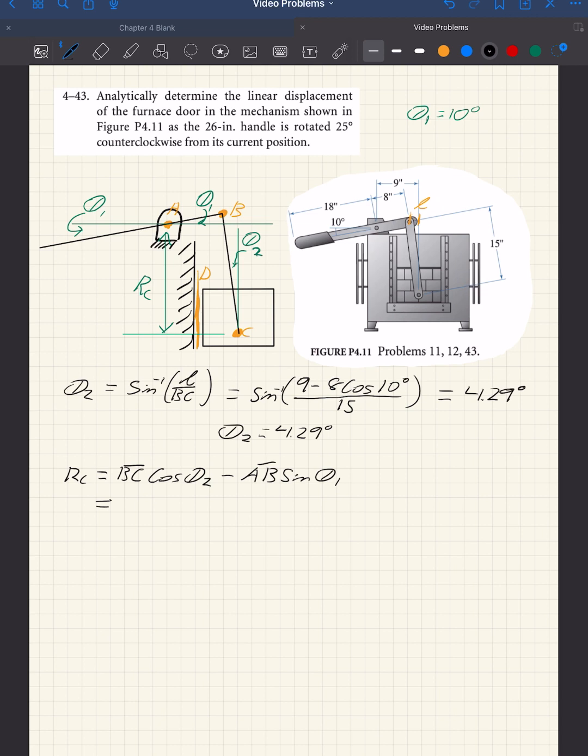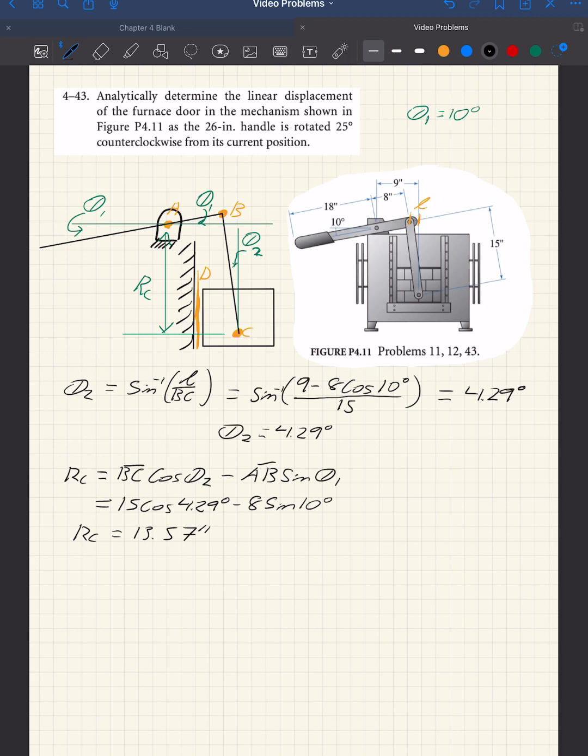And this gives us 15 cosine 4.29 degrees minus AB, which is 8 inches, 8 sine 10 degrees. And this gives us RC in our initial configuration equal to 13.569 or 57 inches.